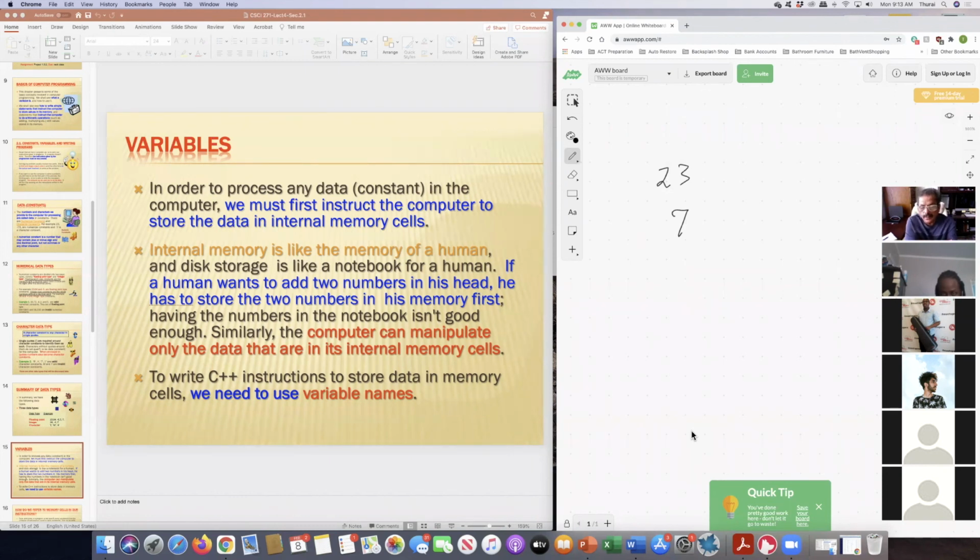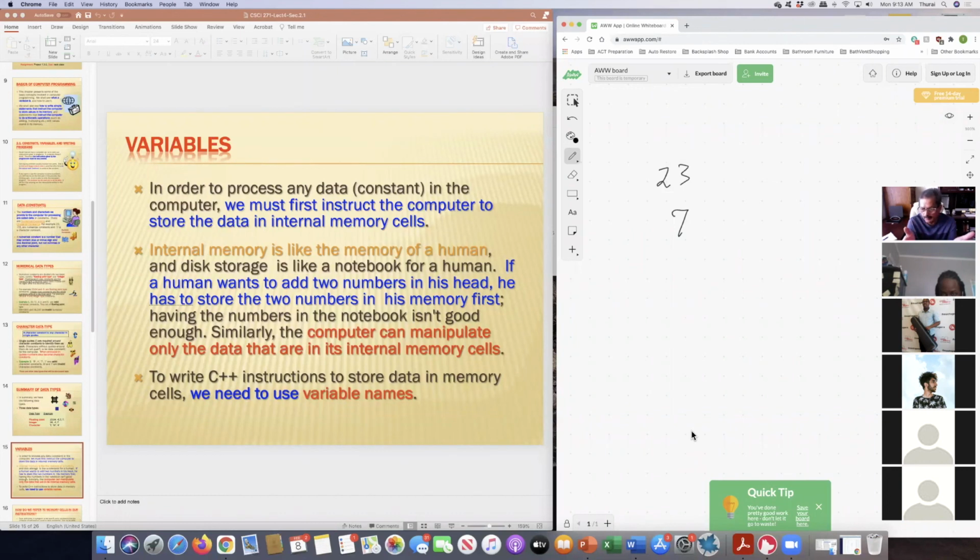All the instructions we write will be telling the system to do something to the memory. That's what the memory is for, for the computer to do things. To tell the system to store the two numbers in the memory, the method is to make up two names for two memory cells.